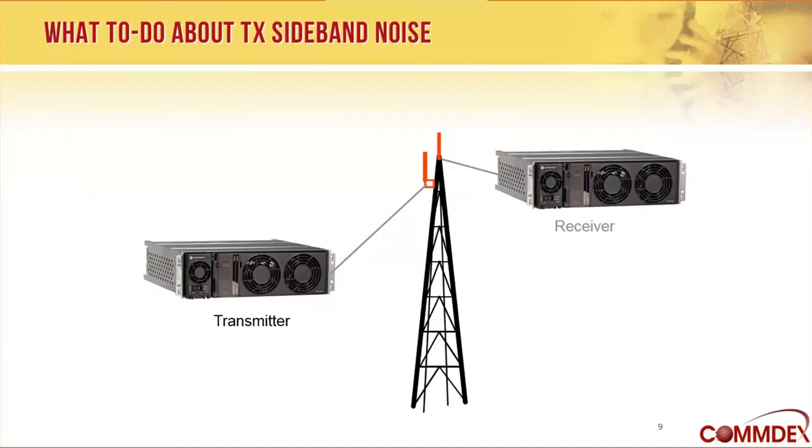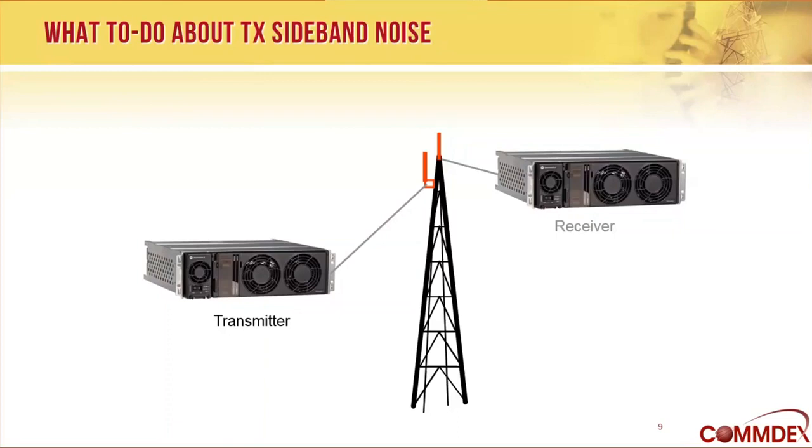So what are some simple things we can do about it? Well, here's the simplest thing you can do. If you're transmitting, say at 460, and your receiver's at 465, and you have two antennas that are close to each other, that's part of the problem right there. Because of the proximity of the two antennas, too much transmit energy is getting into the receiver.